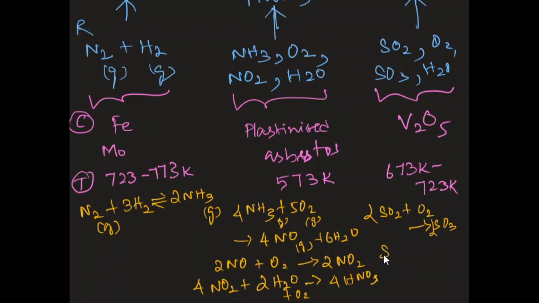And then sulfur trioxide is combined with H2SO4 to give oleum, H2S2O7. And from oleum, by diluting, we get sulfuric acid. So for a detailed video, you can refer to the previous video or lecture.